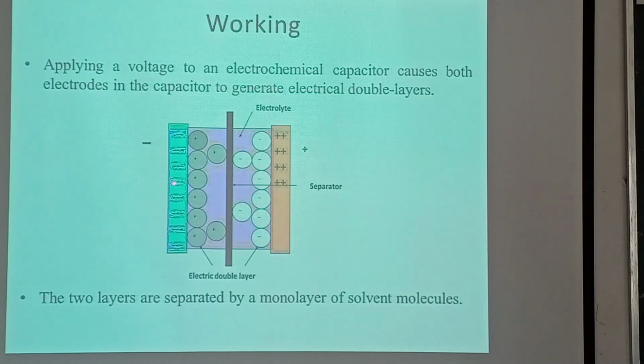So when we apply a potential between the negative and positive terminals, the negative electrode attracts the positive ions, and the positive electrode attracts the negative ions. We can see this is the negative electrode and these are the positive ions, here is the positive electrode and these are the negative ions. So we can call this a double layer. So it is known as an electric double layer capacitor.